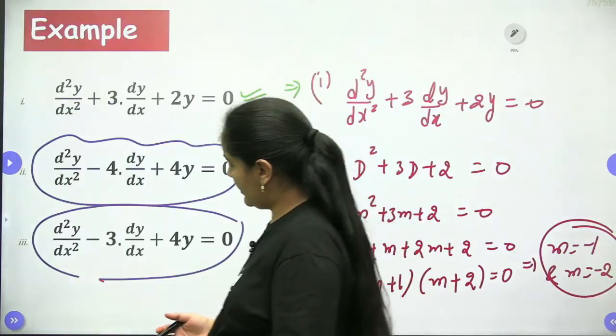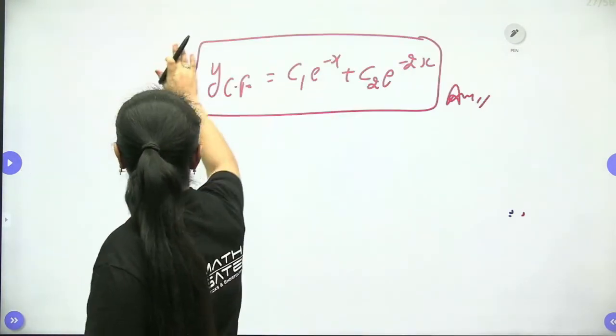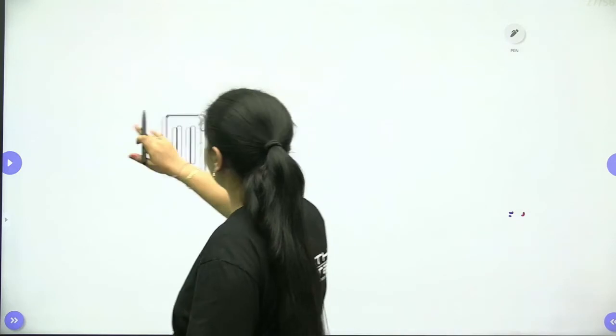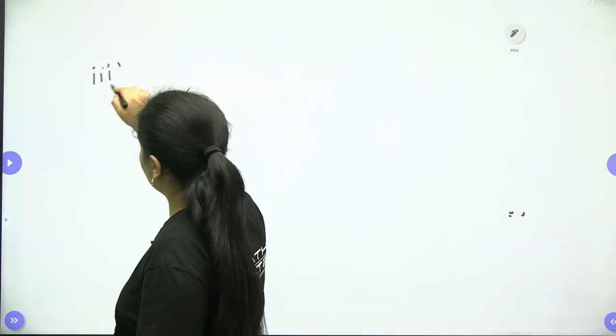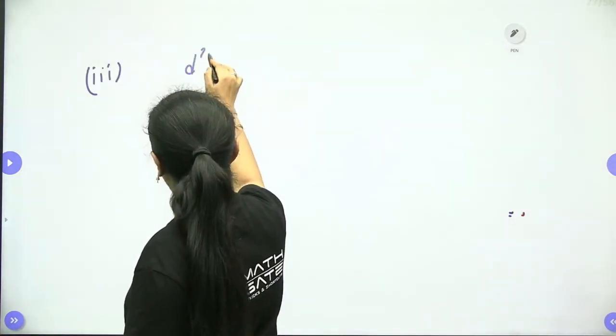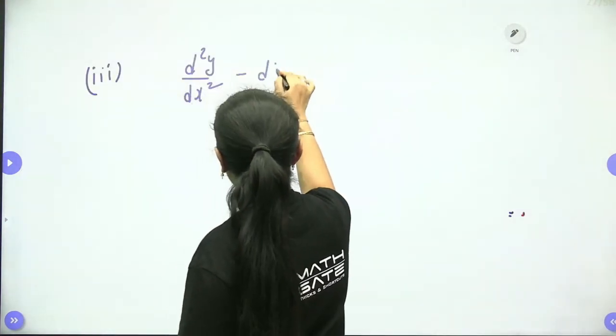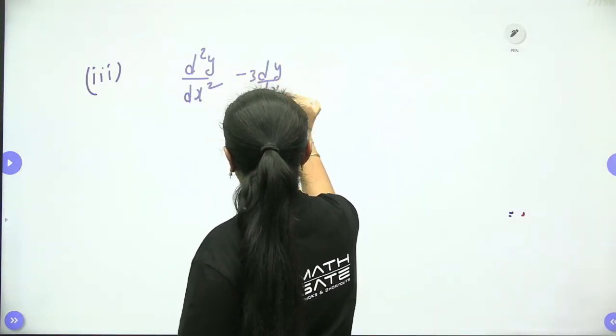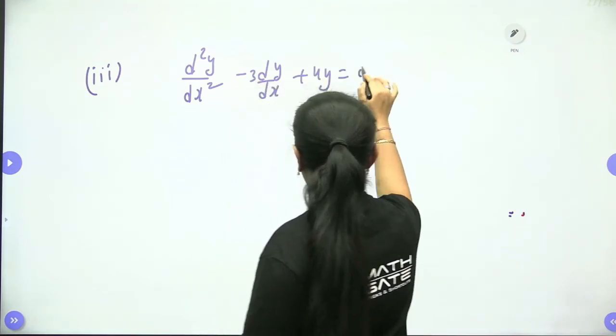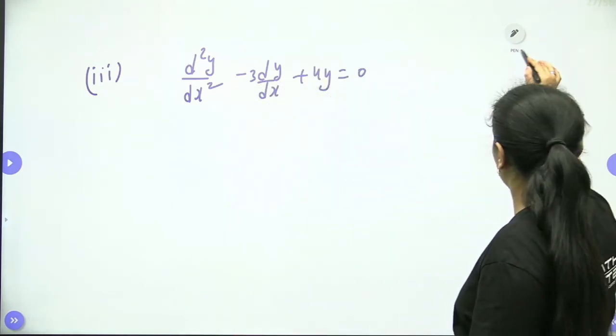So we do have one more example. Let me write it down here now. For the next example we have d2y by dx2 minus 3 dy by dx plus 4y is equal to 0. Okay, let's approach this one.